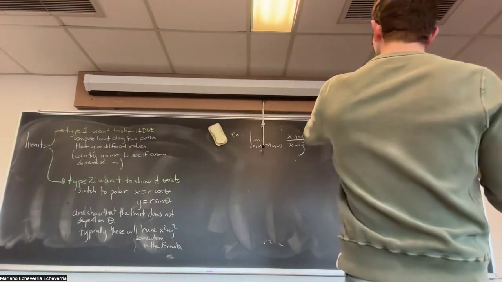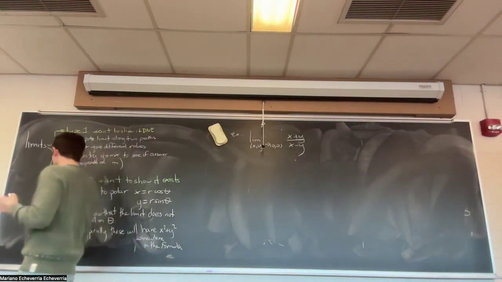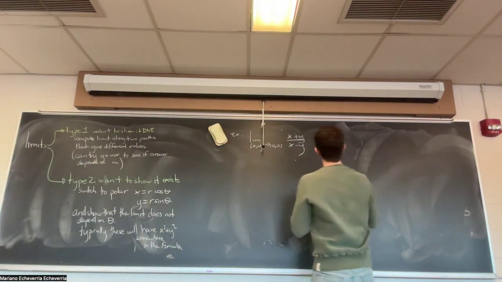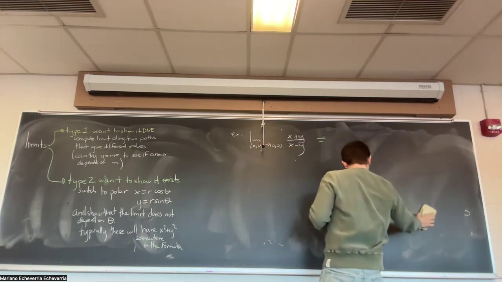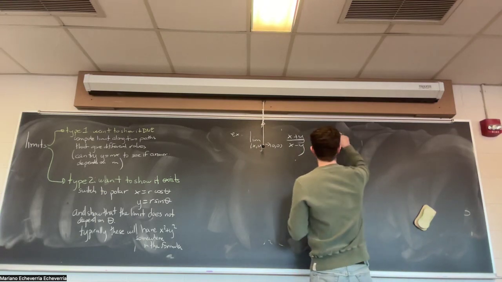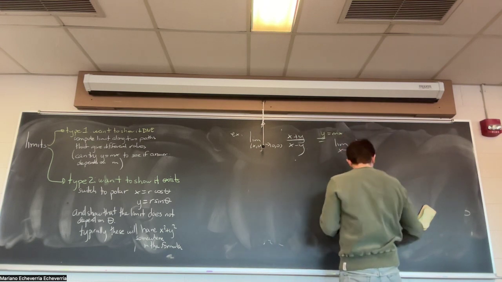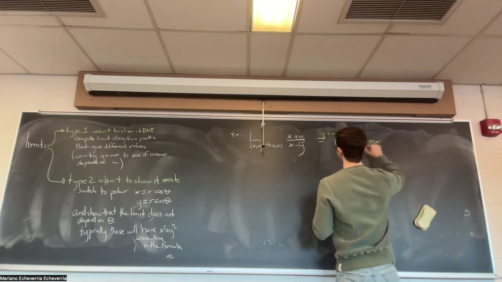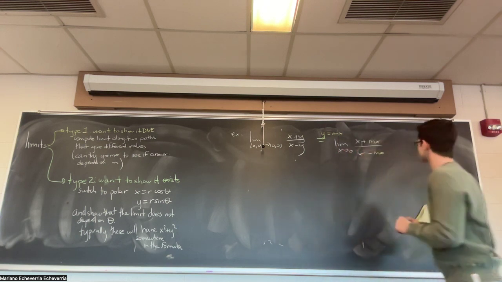So for example, if you have a limit like that, what happens if you try y equals mx? You get the limit as x approaches 0 of x plus mx divided by x minus mx.